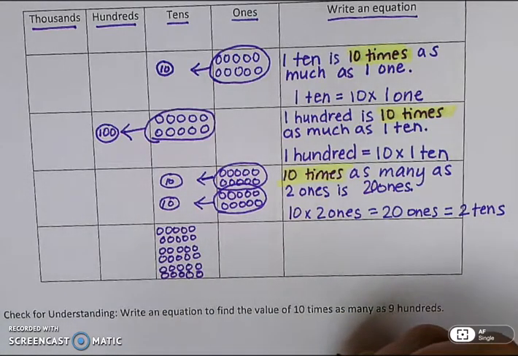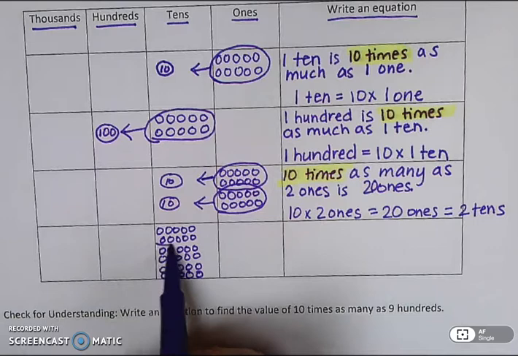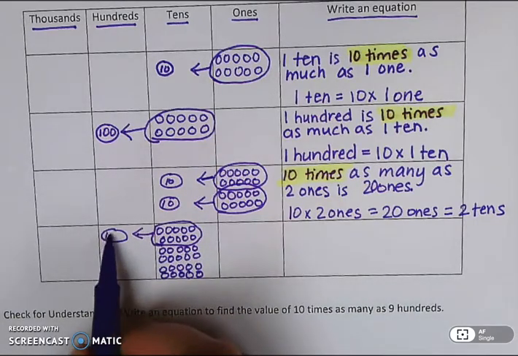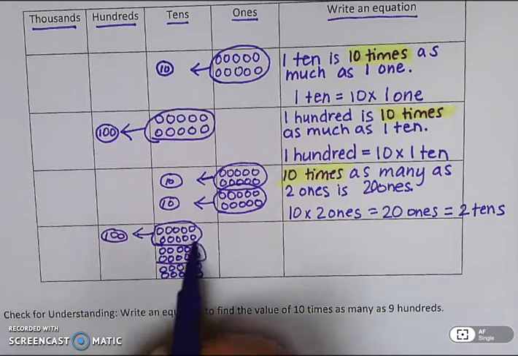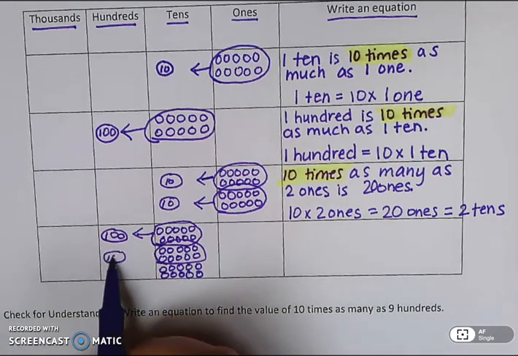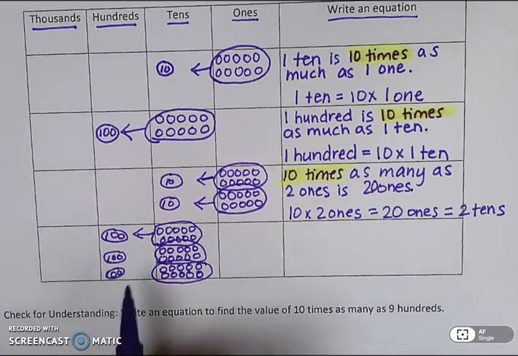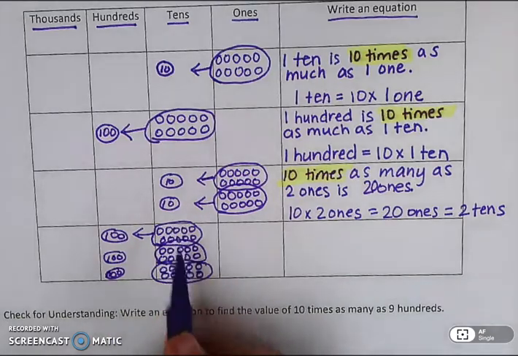So let's say we have 30 tens here. Each group of 10 is going to equal 100. So there's 1 hundred, there's 2 hundreds, there's 3 hundreds. Alright, so we've got 3 hundreds and 30 tens.